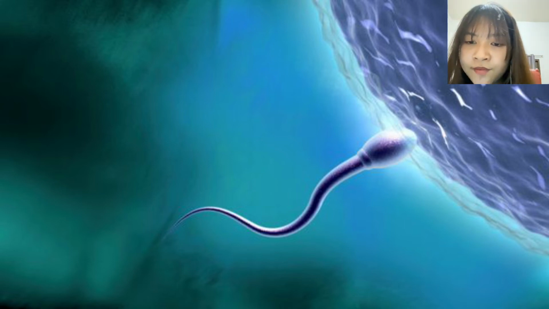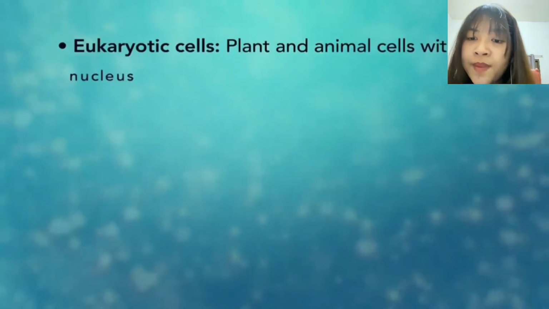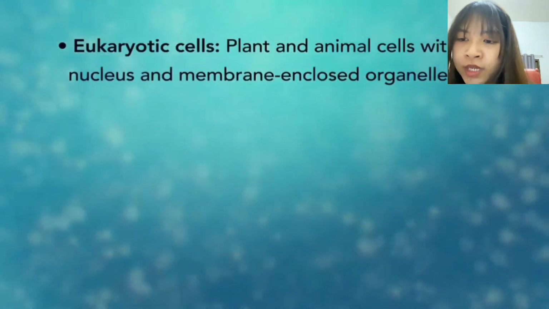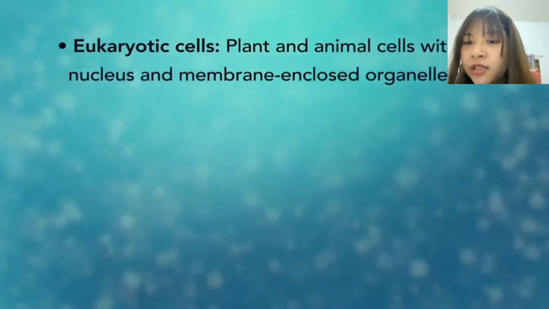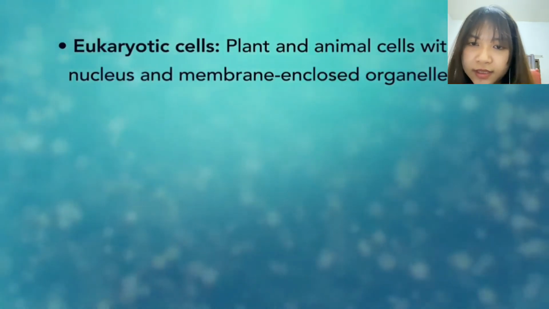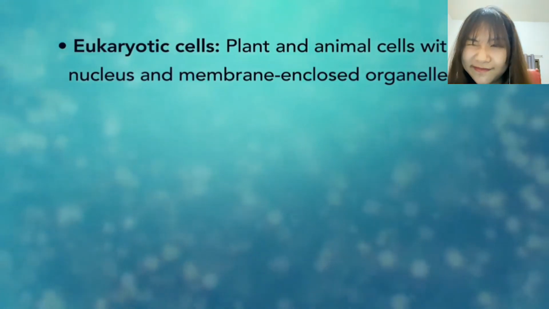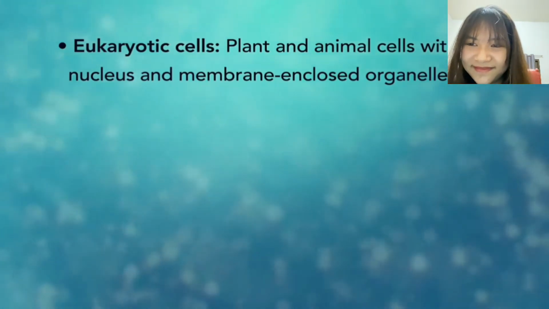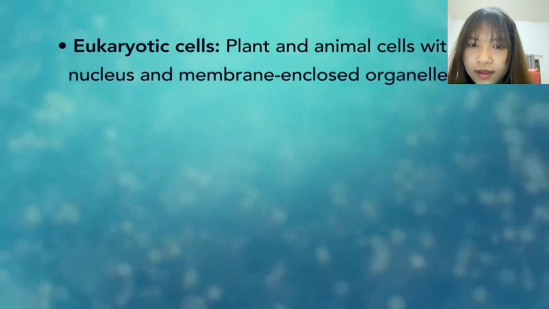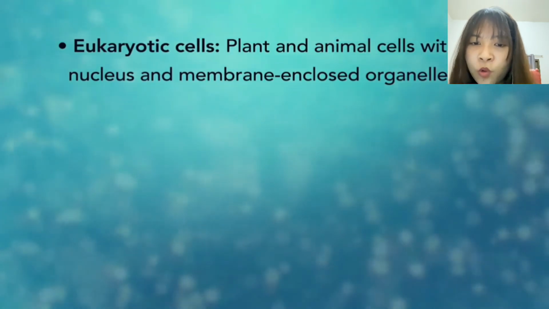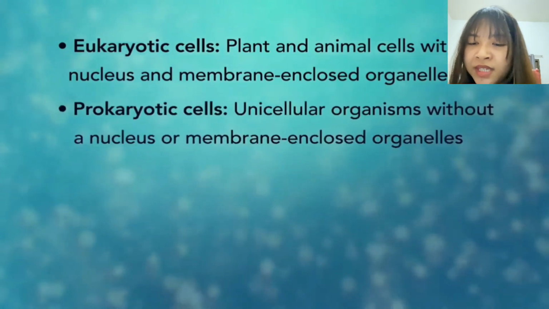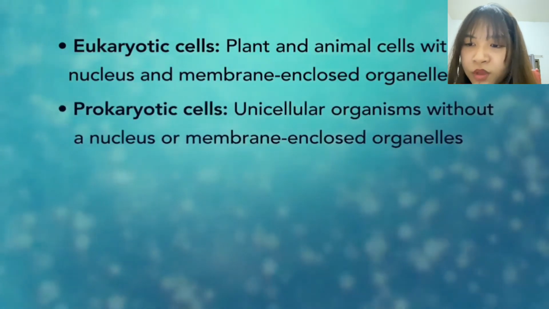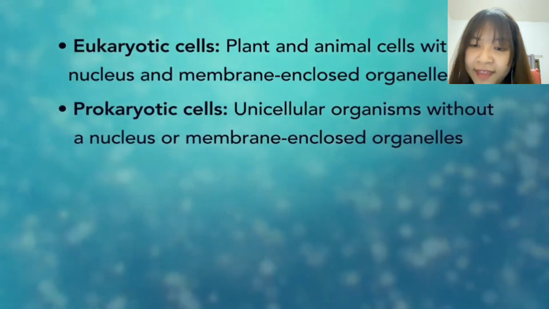In summary, remember, eukaryote cells are plant and animal cells with a nucleus and membrane-enclosed organelles, while prokaryote cells are unicellular organisms without these things.